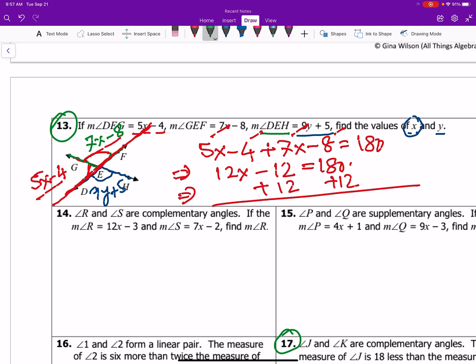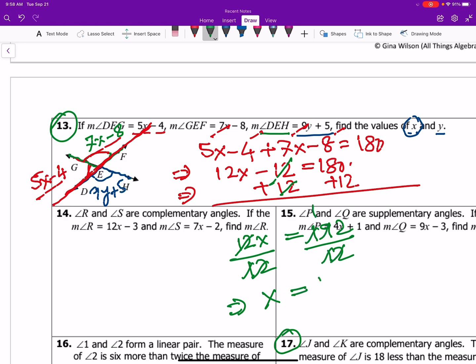The 12 and 12 cancel out, so we have 12x equals, once you add 12, 192. Now divide by 12, division property of equality, and you get x. Let's see how much x is: 12 ones are 12, 7 remains, so 6 twelves. So 16 degrees is the value for x.